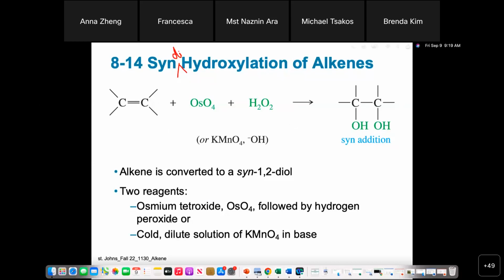Mainly osmium tetroxide, and we also use potassium permanganate. These two reagents work in different ways, but ultimately they allow the dihydroxylation reaction with the alkene, that is, the addition of hydroxy groups, and they make the glycol product.